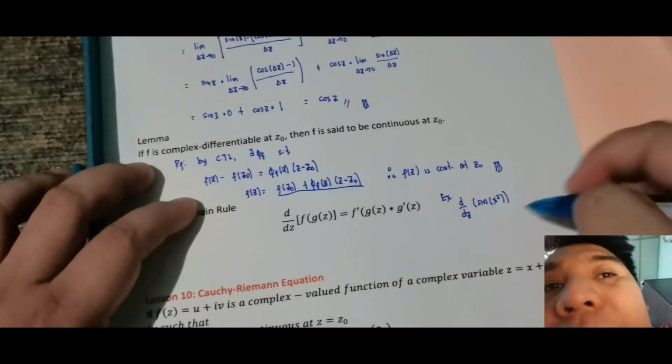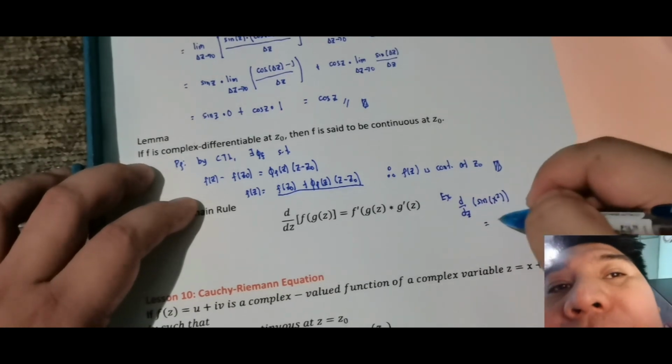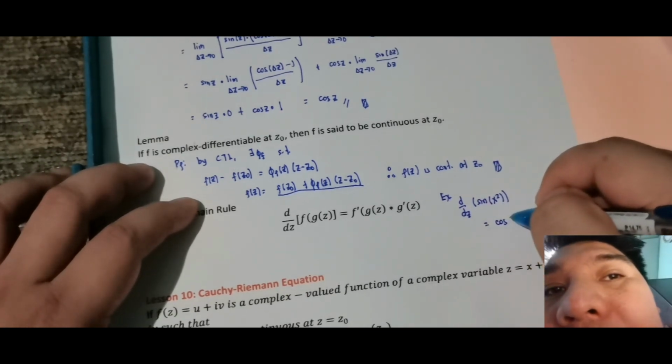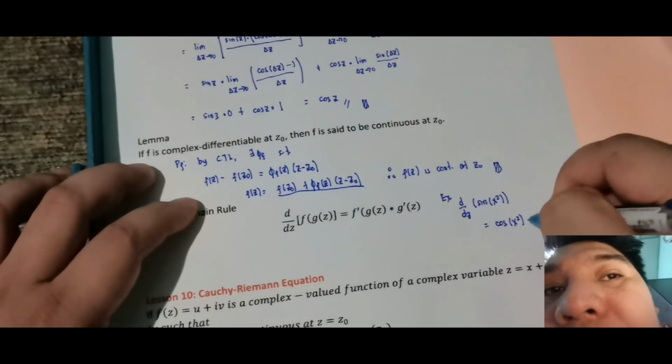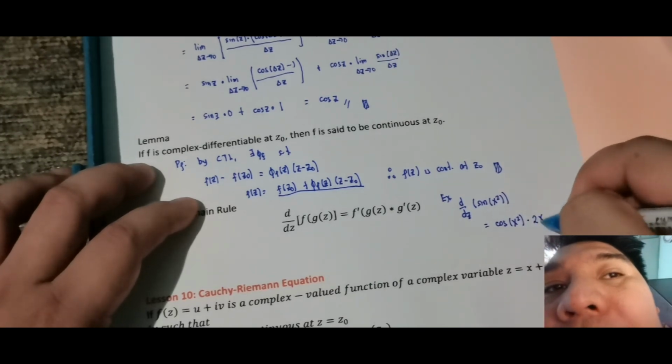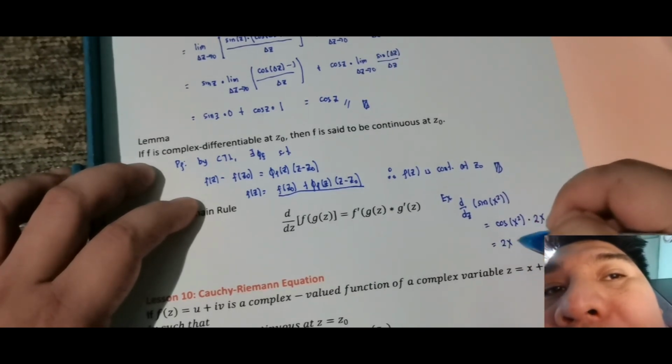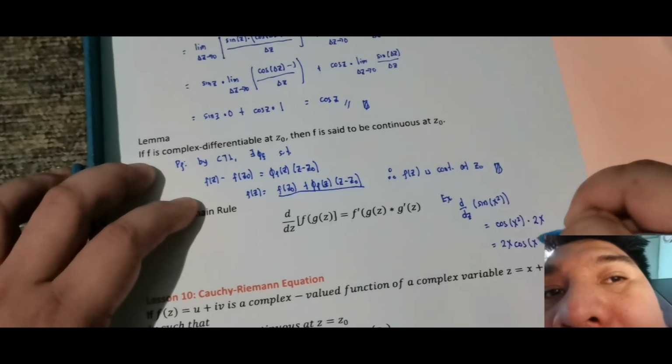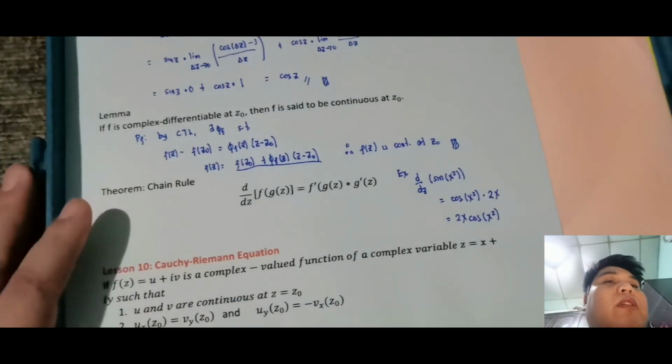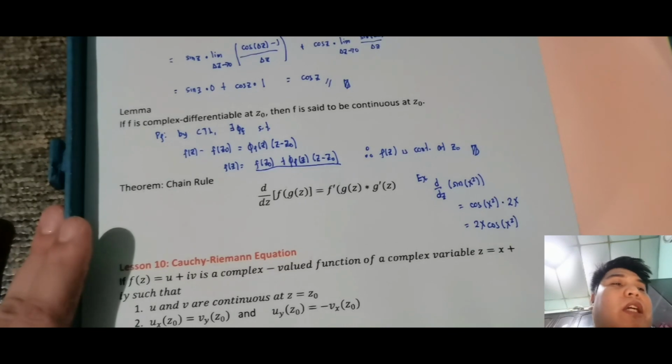Okay, so para simple. So this is equivalent sa derivative ng sine is cosine. So this is cosine x squared. Then kukunin mo yung derivative ng x squared which is 2x. And that is equivalent sa 2x cosine x squared. Okay, so ganun lang kasimple si chain rule. So aware na kayo dyan.